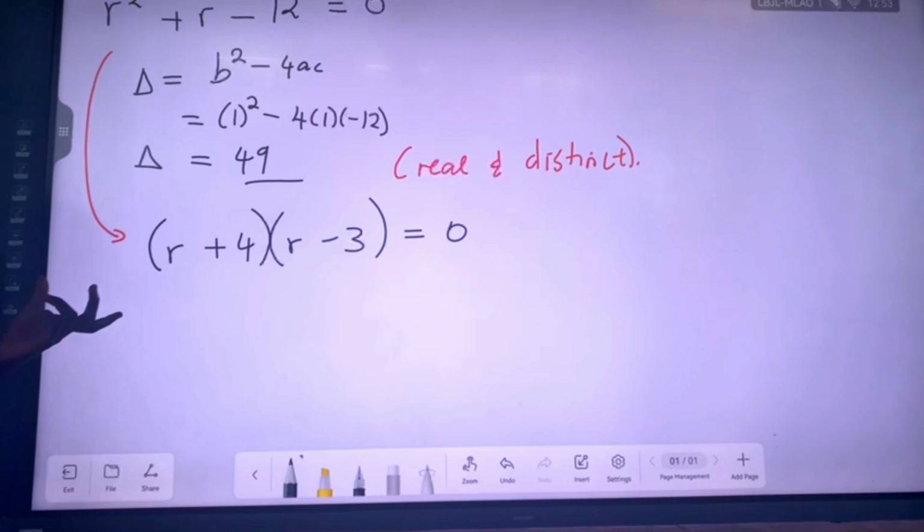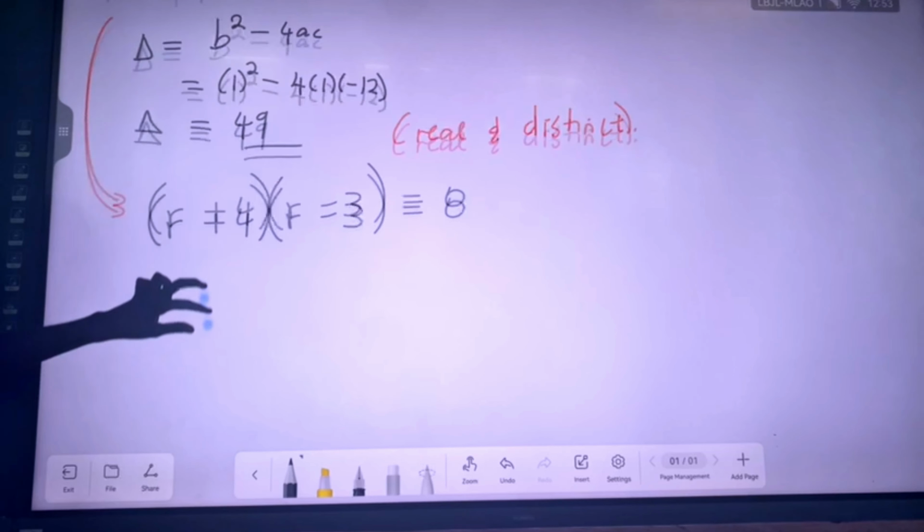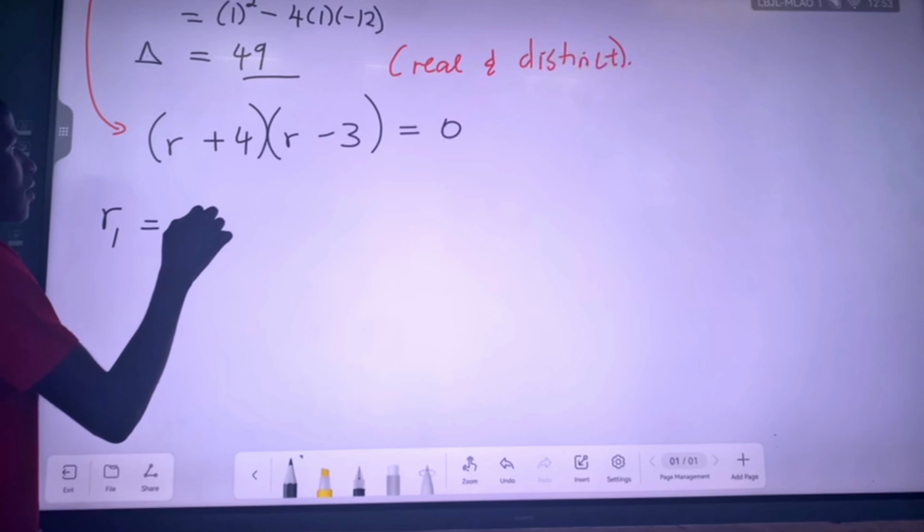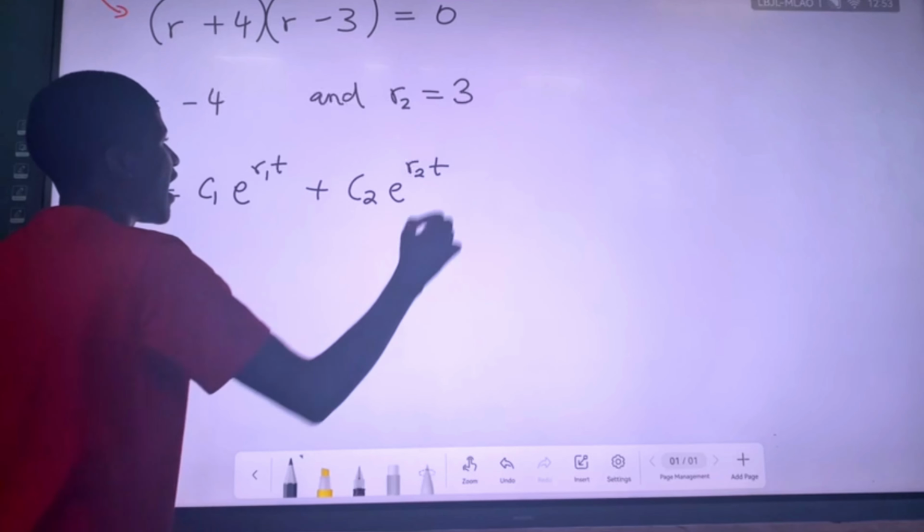So we factorized it. So I told you R1 no R2. So essentially lana R1 is equals to bani? Is minus 4. That's the first root. And then R2 is equals to bani? Positive 3. So I want to see these roots are what? They are real and they are what? They are distinct. So each general solution that we use gonje tin gonje, y at t is what? C1 e to the power r1t angesh plus bani c2 e to the power of r2t.